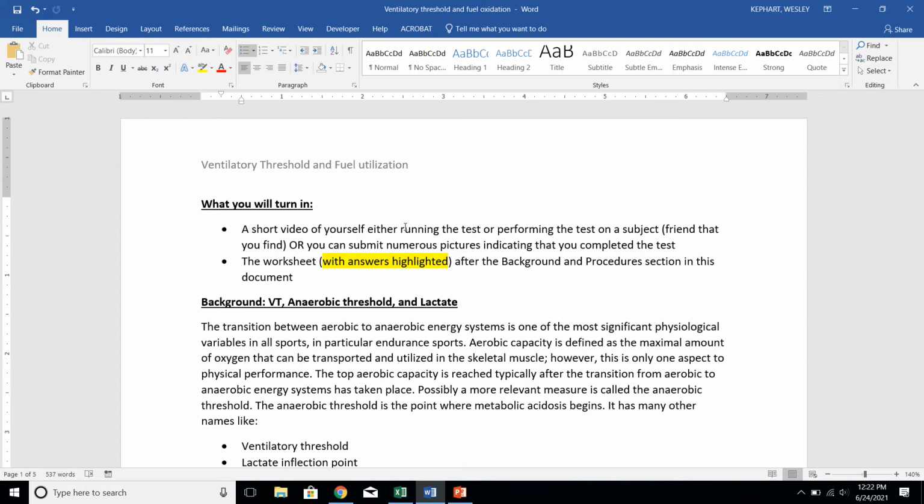Now, this lab is pretty interesting because there really isn't that much physical activity that you're actually going to be doing with this, and you actually need data from a previous lab in order to complete this. The data you're going to need is what your VO2 max was from our VO2 max lab. Ideally, utilize the 1.5 mile run.